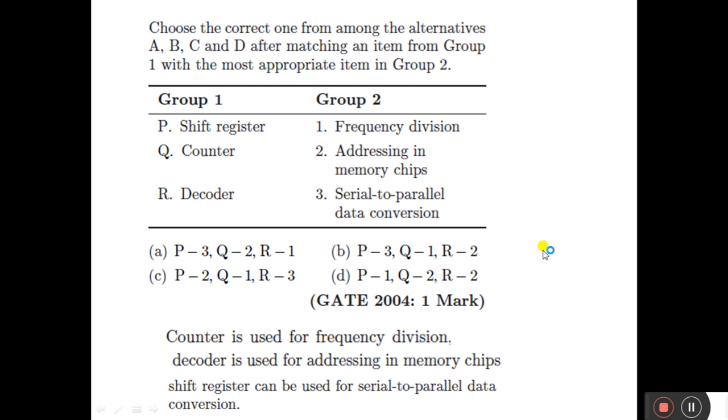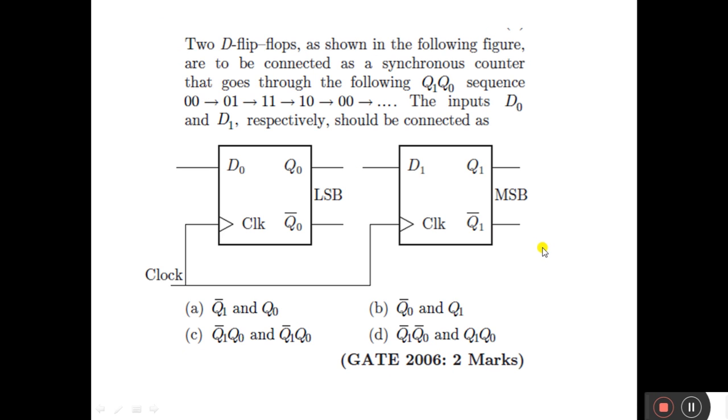Next question. This question was asked in GATE 2006, 2 mark question. Two D flip-flops as shown in the following figure are to be connected as a synchronous counter that goes through the following Q1, Q0 sequence: 0 0, 0 1, 1 1, 1 0, 0 0.